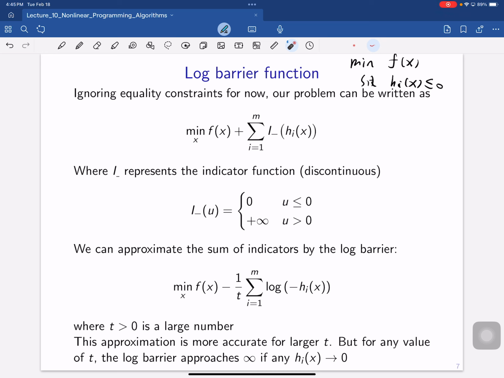Therefore, if you have the sum of the indicator function applied to h_i(x), and x violates one of these constraints, there are in total m constraints, the objective will go to plus infinity. So in order for x to be feasible, or to have a non-trivial objective function that is not plus infinity, we must have h_i(x) less than or equal to 0.